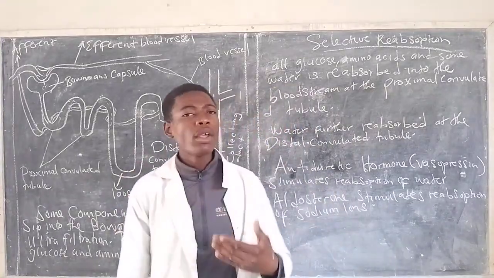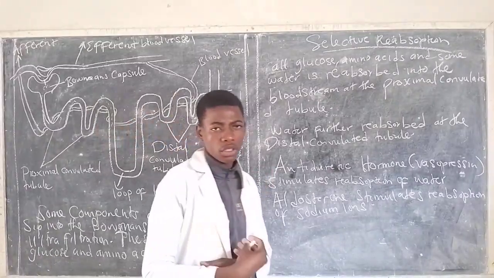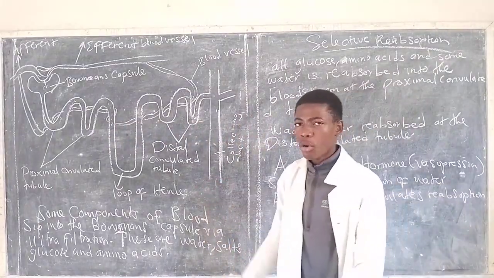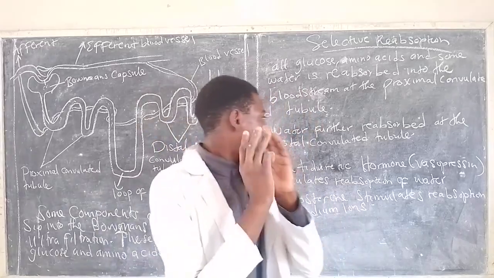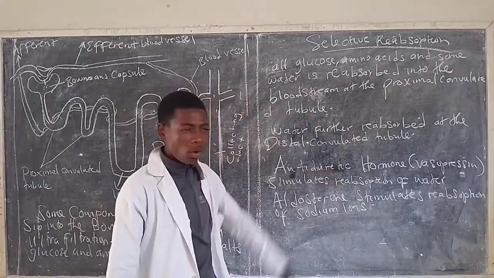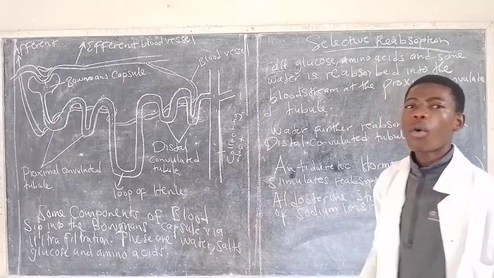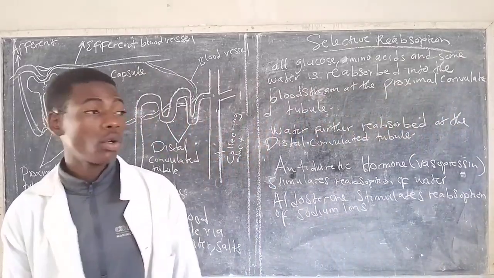Now it goes beyond the reabsorption. You must ask yourself, why is it that they are reabsorbed? This system also works under the influence of hormones. The hormones that operate are what we call antidiuretic hormone as well as aldosterone.